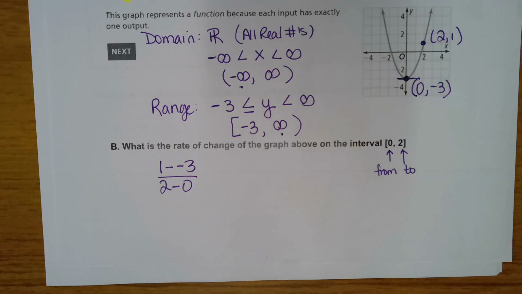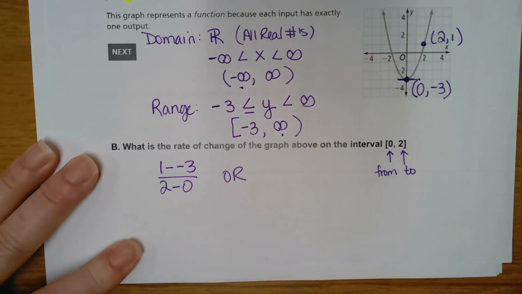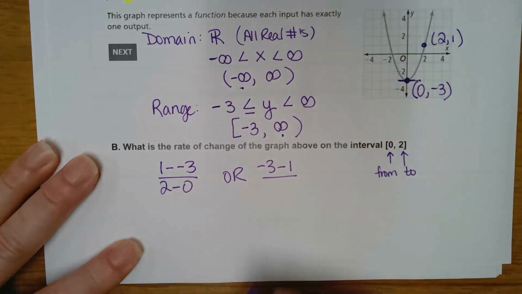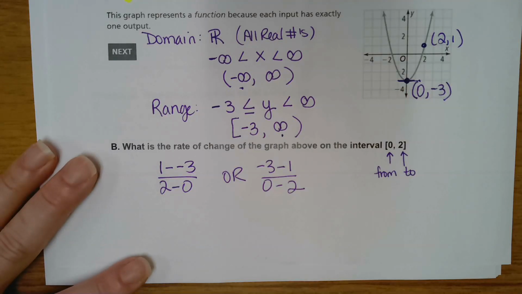All right, now, did anybody write -3 minus 1? Perfect. You can do either direction with slope as long as you are consistent on top and bottom. So another way I could write this is -3 minus 1 on top, but then I would need to do 0 minus 2 on the bottom, okay?